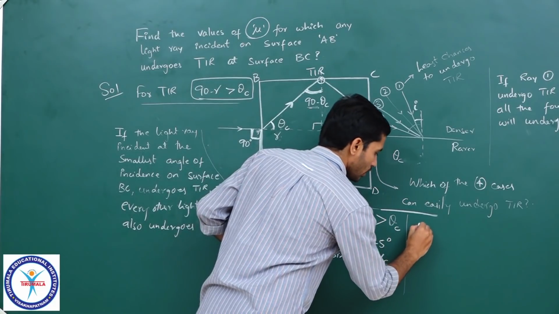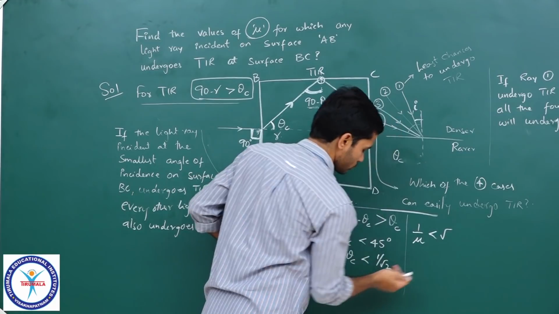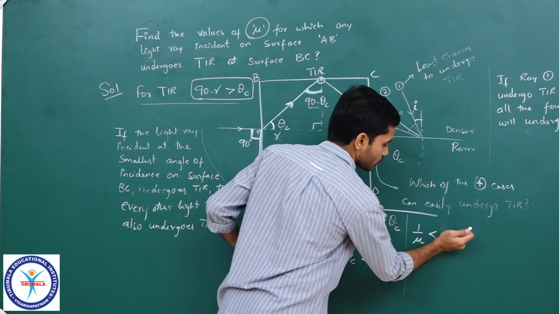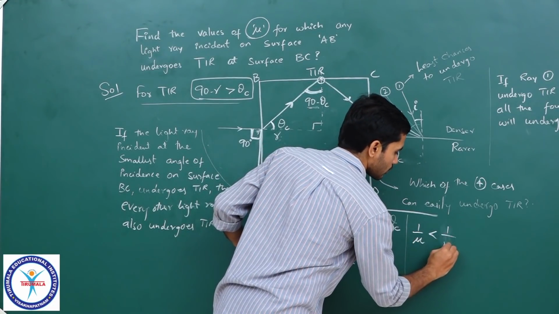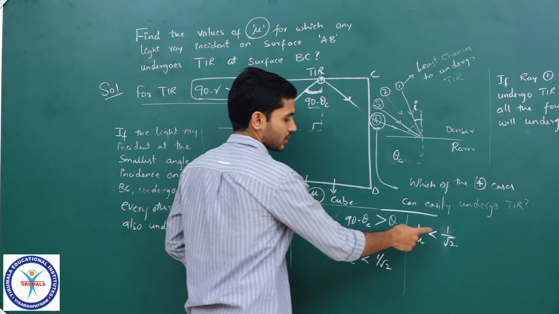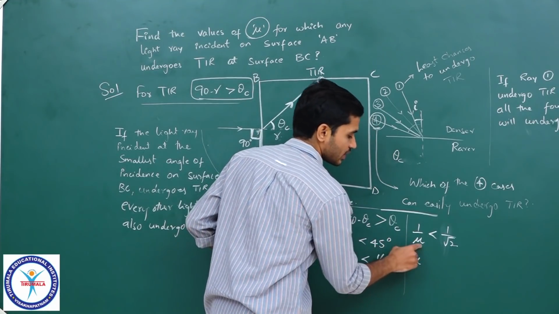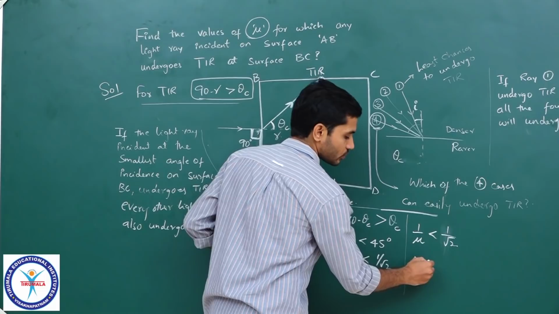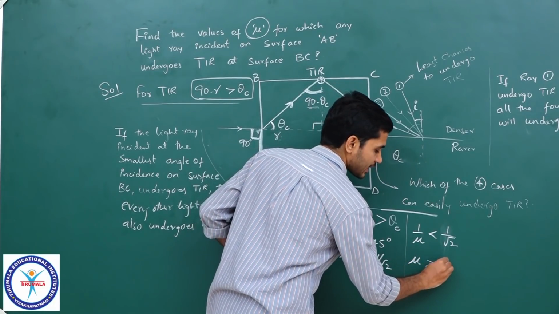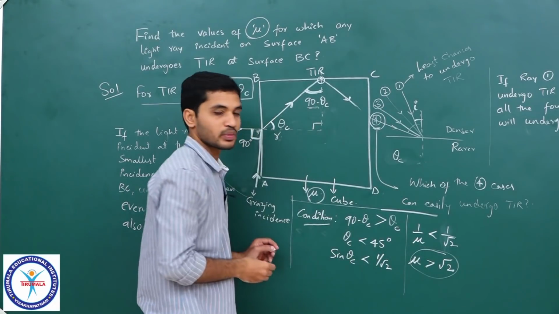So, I get 1 by mu should be lesser than 1 by root 2, correct? If 1 by mu is less than 1 by root 2, it will imply that mu is greater than root 2. So, that will be the final answer.